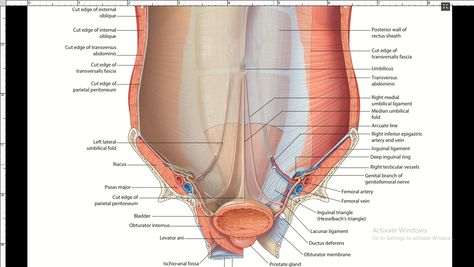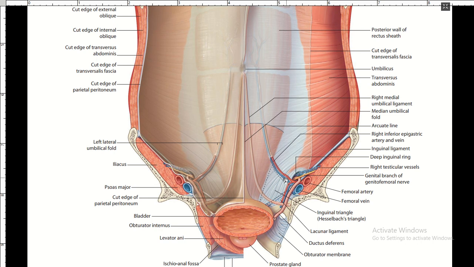Do you remember where the inferior epigastric artery comes from? Yes, it's a branch of the external iliac artery. So the inferior epigastric artery and vein form the lateral umbilical fold.